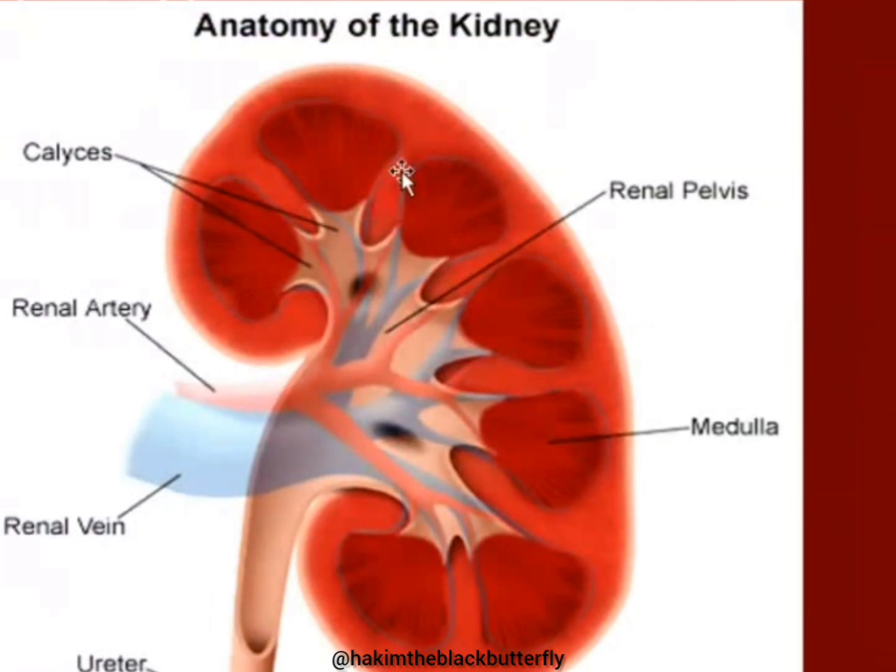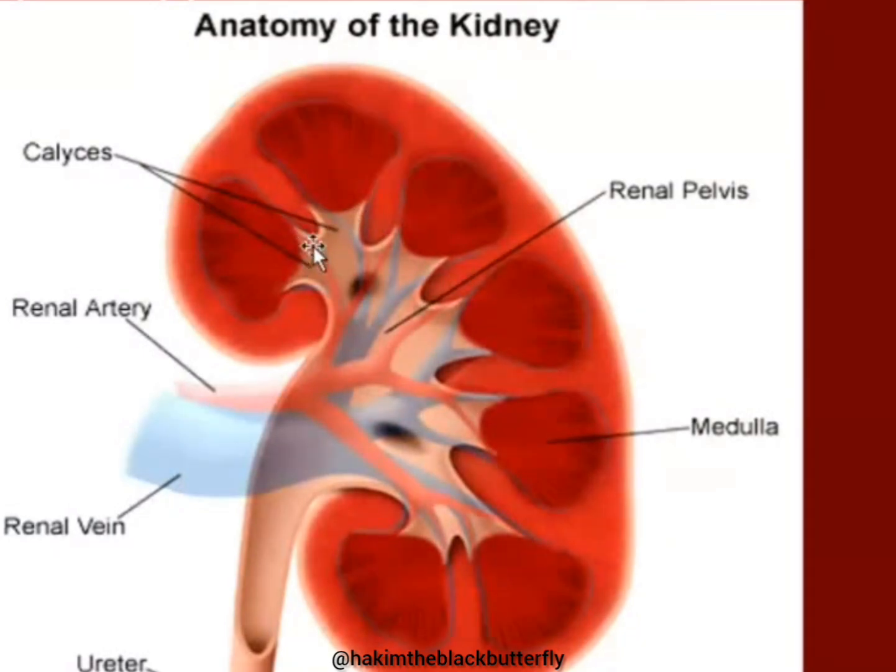These cortical columns are known as columns of Bertin. On ultrasound, they call these columns of Bertin. B-E-R-T-I-N. So whenever you're making an ultrasound scan of the kidneys, identify the cortex, identify the medulla, identify the columns of Bertin.